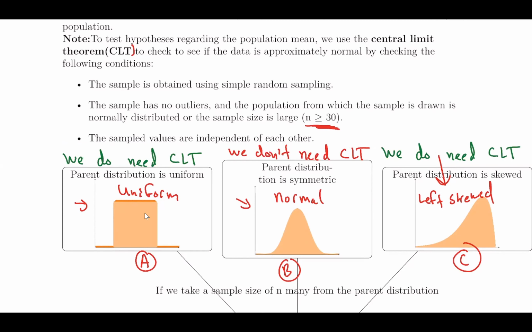All right. So whenever our distribution is non-normal, you want to use the central limit theorem because you want to see, based off of the central limit theorem, can I now say that our distribution is approximately normal? But if it's already normal, we don't need the central limit theorem.